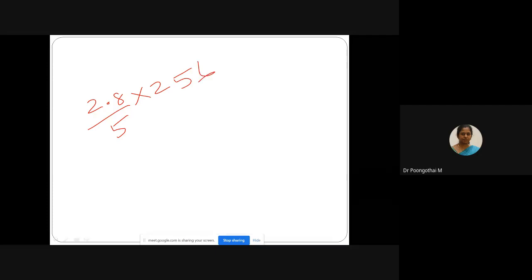We'll find out the value. What is the value? 143. So approximately 143. So convert this value into hex. 143 into hex, 8F. So this is the converted value.